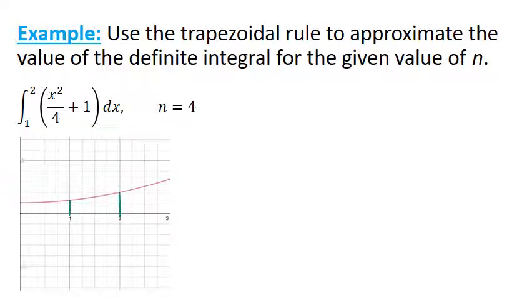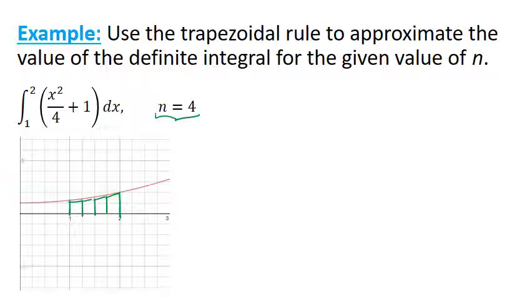And if I look at this, I want to split this up into 4 separate regions. So this is what I have here. I have these trapezoids, and I want to find the area of each of those trapezoids essentially and add them together to get this approximation.